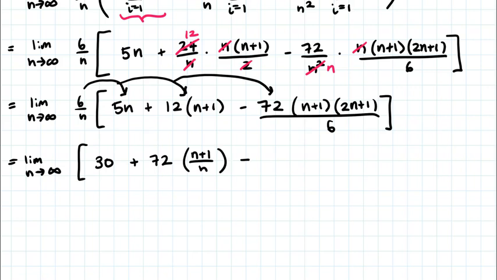And then, oops, I forgot an n here. And in the last term, if I distribute, this 6 and this 6 would divide out. And then I think this is going to become a squared here, so let's write that out. Minus 72 times n plus 1 times 2n plus 1 over n squared.